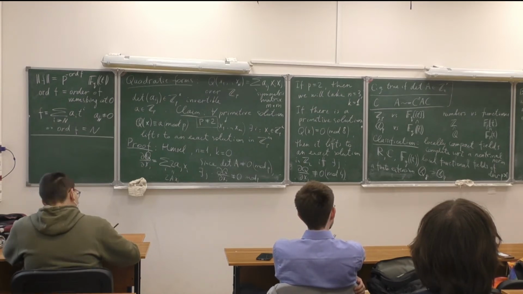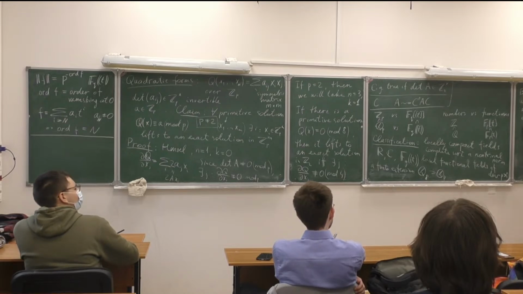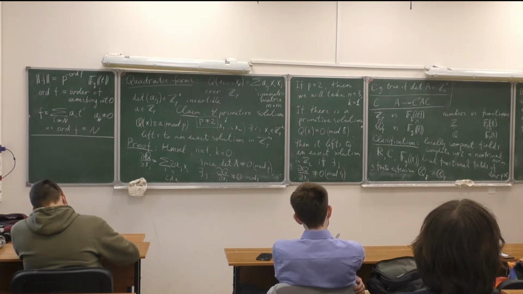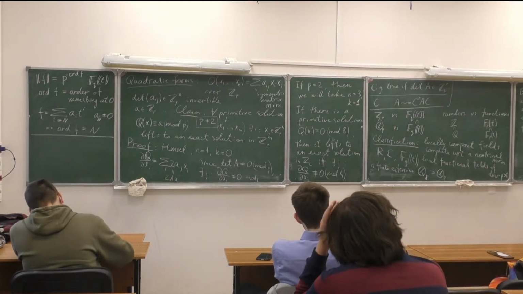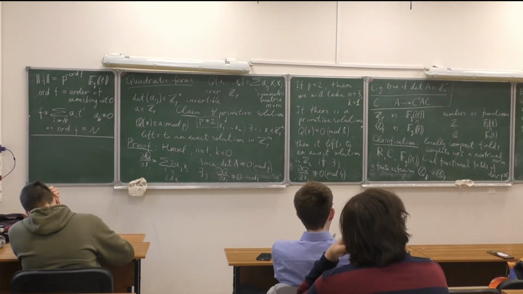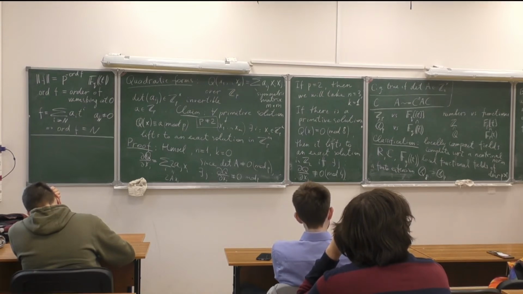In fact, the collection of all such ideals is called the spectrum of our ring, and these are called points.